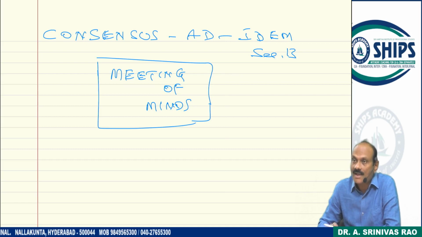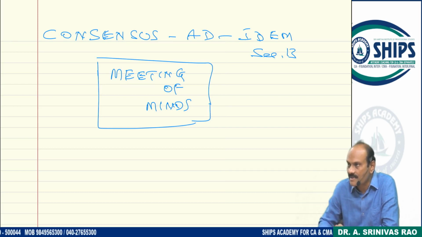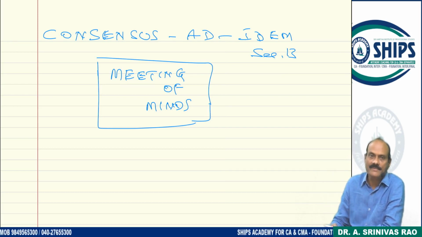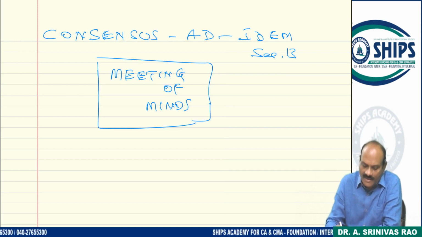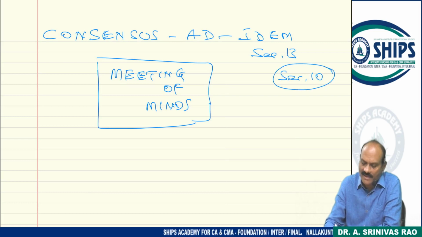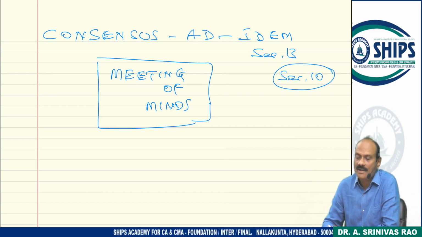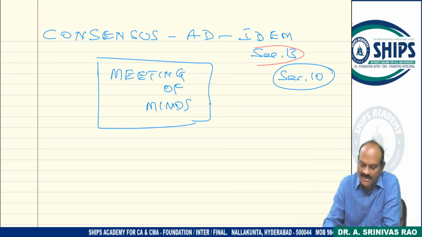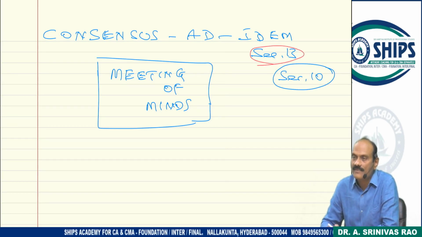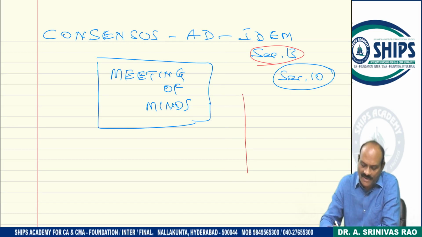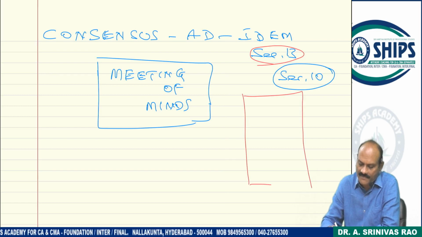Okay, guys? In our examination, this is a short answer question, 4 marks question. Then you have to write these 3 words, whatever. Then one example you write. So, guys, according to section 10, one of the essential elements of the valid contract is consensus ad idem. What is the meaning of consensus according to section 13? Meeting of mind, identity of mind, receiving the same thing in the same sense at the same time.